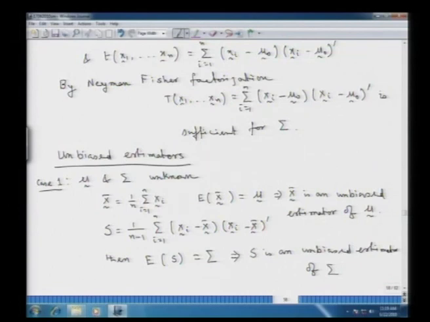On the other hand, if we define S n to be 1 upon n of the same quantity as what we had considered, then this quantity is a biased estimator.